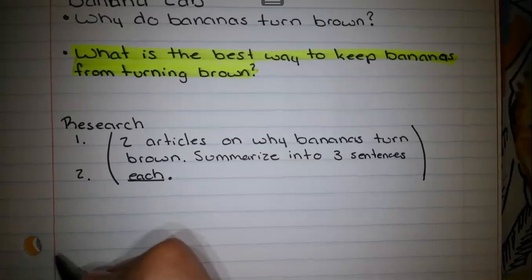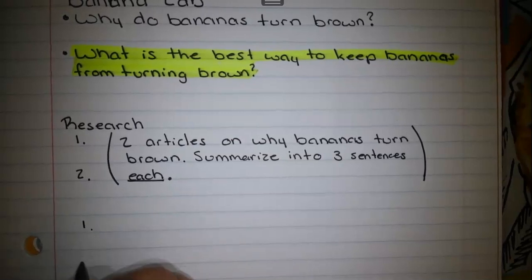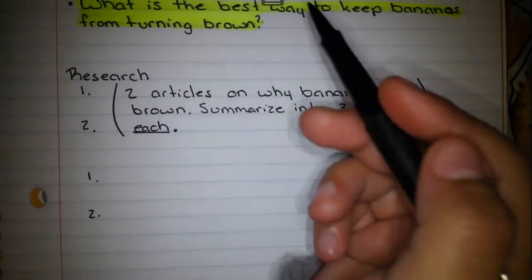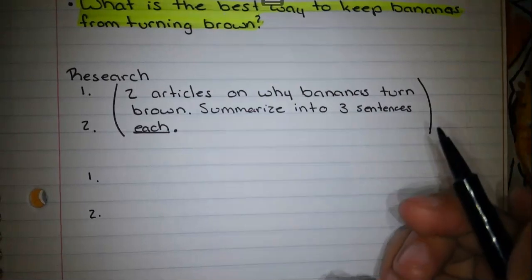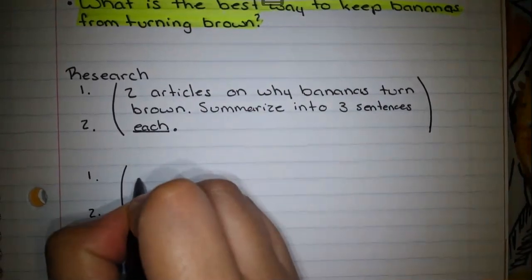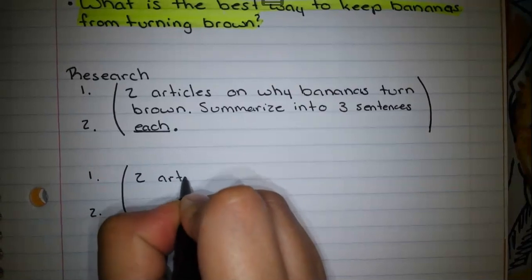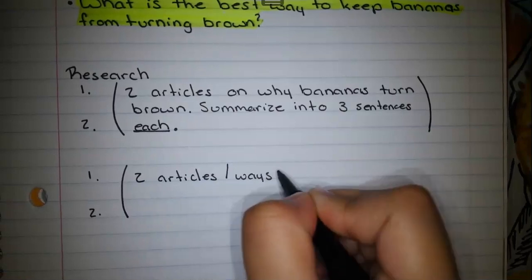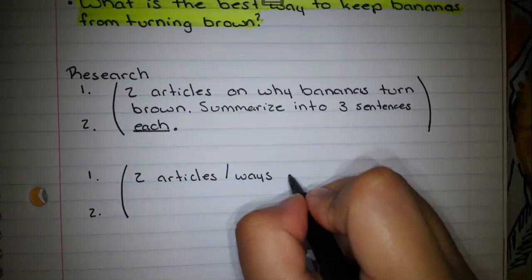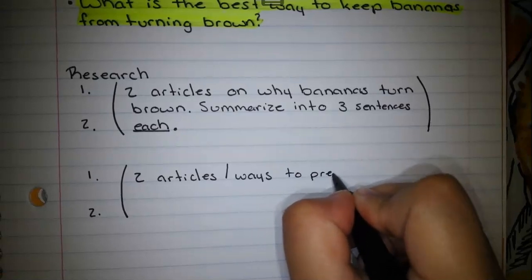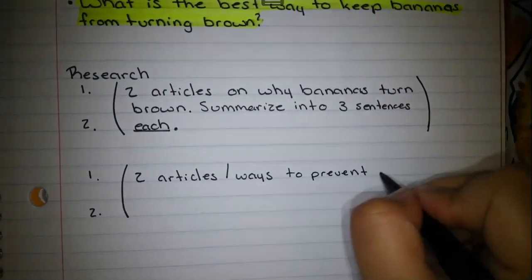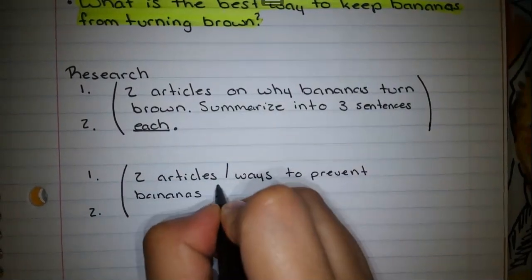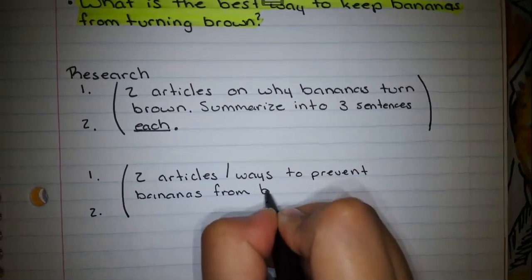And then you're going to look for another 2 that are going to help you find ways to keep bananas from turning brown. So you're going to look for 2 articles or ways to prevent bananas from browning.